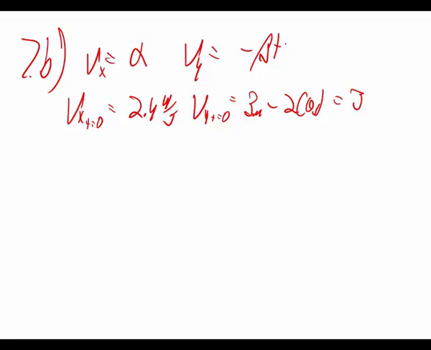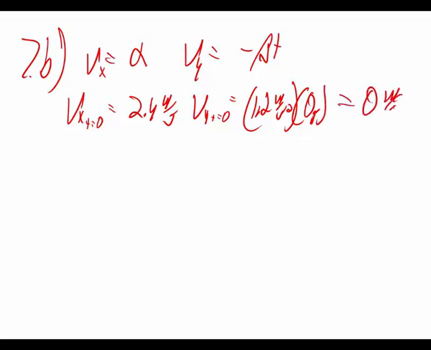Sorry about that. Now, what is it in the Y direction? It's been a long week. All right, so you've got 2 times 1.2 meters per second squared times 0 seconds, and that's equal to 0 meters per second. Right? Does everybody see what I'm doing?